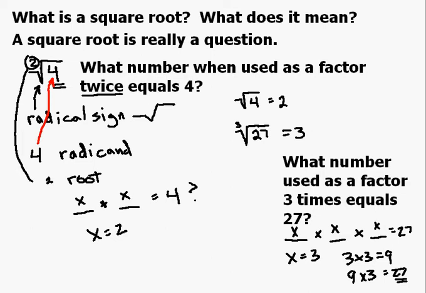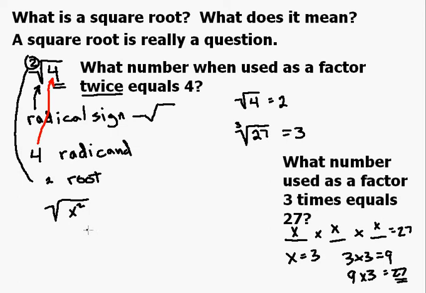Now, if I asked you that same question, but instead of a number, used a variable, right? So if I asked you, what is the square root of x squared?